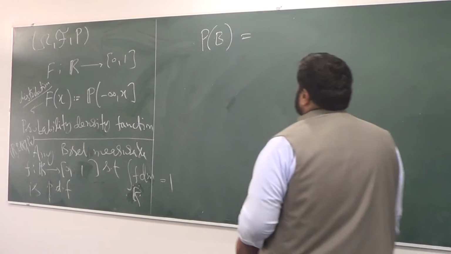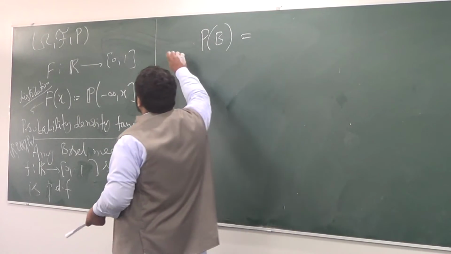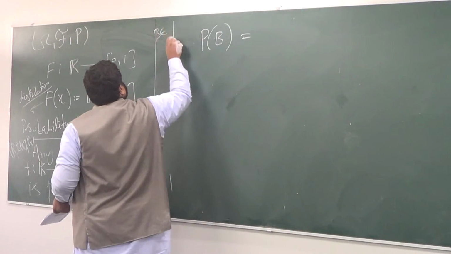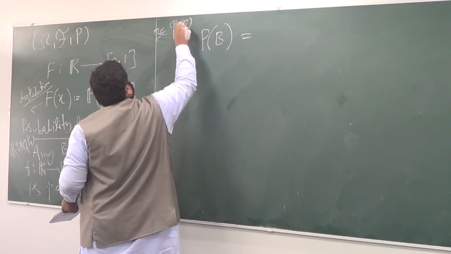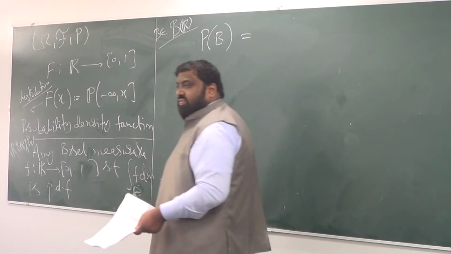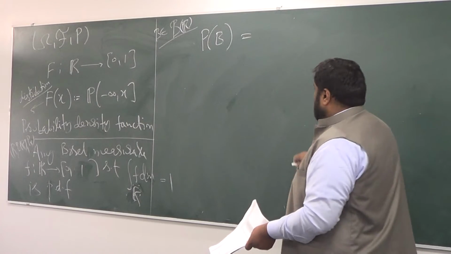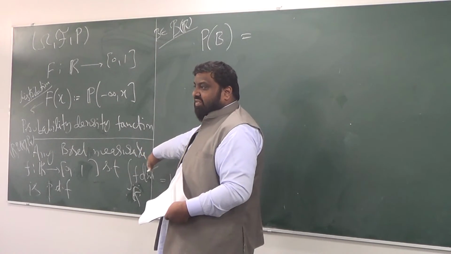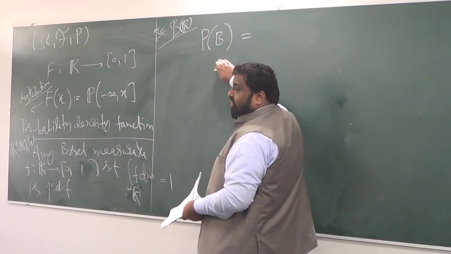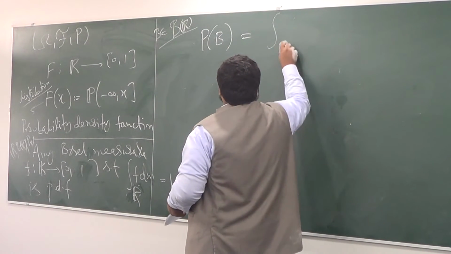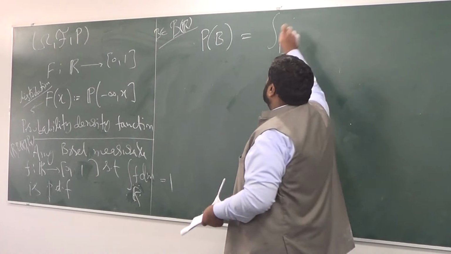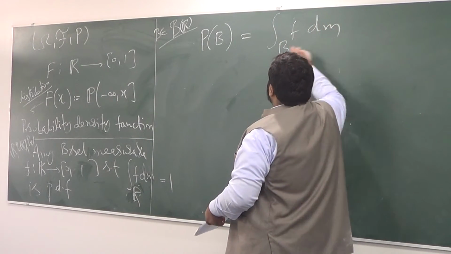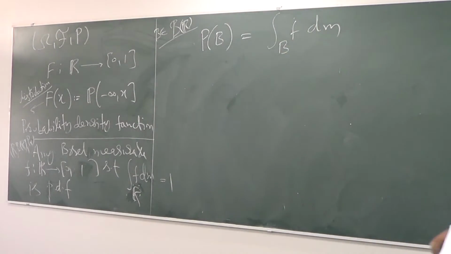What will be the probability of a Borel set? If you have such a density function, then the probability of a Borel set D would be the integral of f with respect to dm over D. Is it making sense?